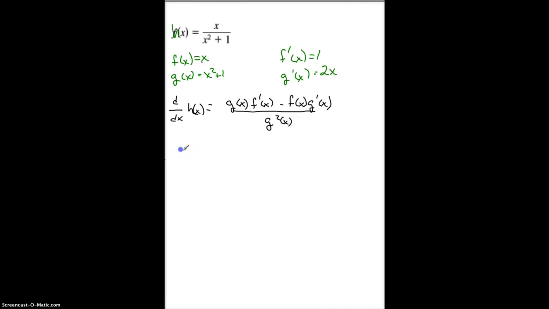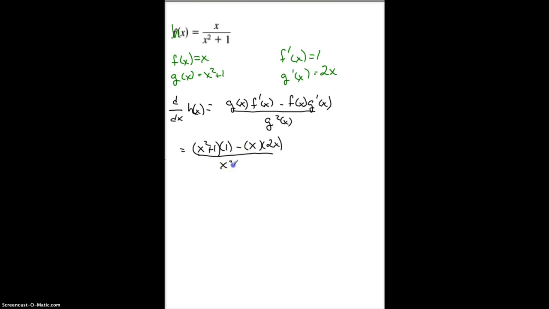Now let's plug in. G of x is x squared plus 1, times f prime, which is 1, minus f of x, which is x, times g prime, which is 2x, divided by g squared.